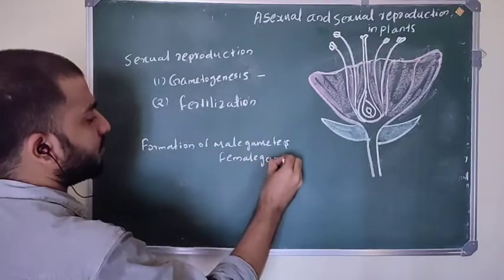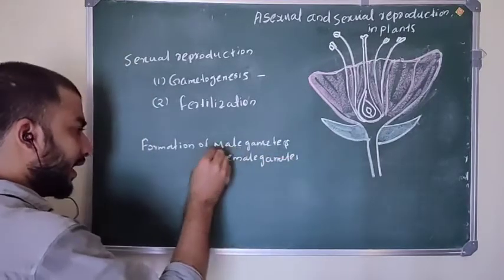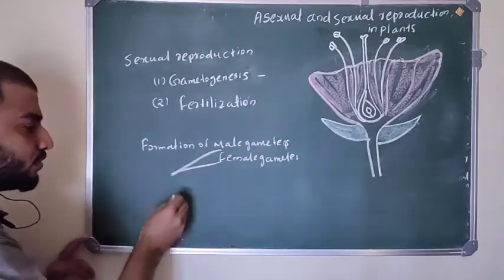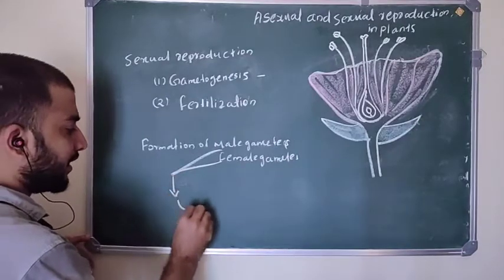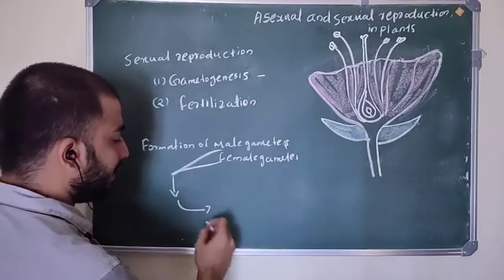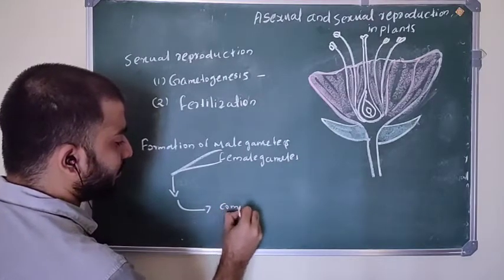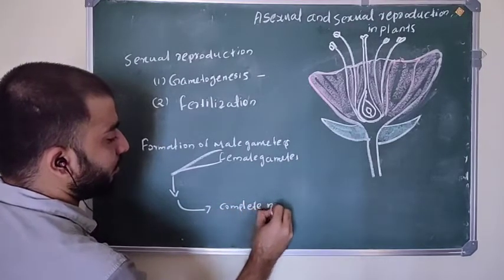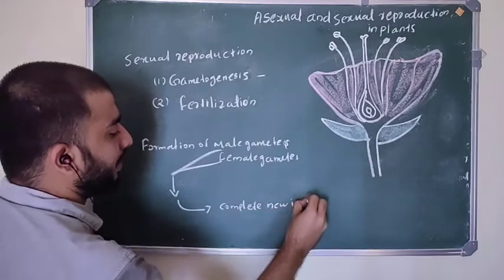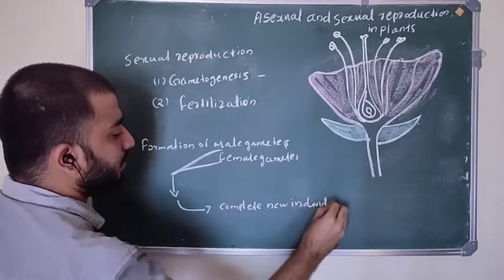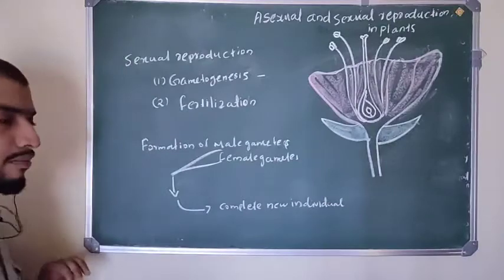Then what is fertilization? The male and female gametes fuse and develop into a zygote, which divides and multiplies into a complete new individual, or a complete plant.